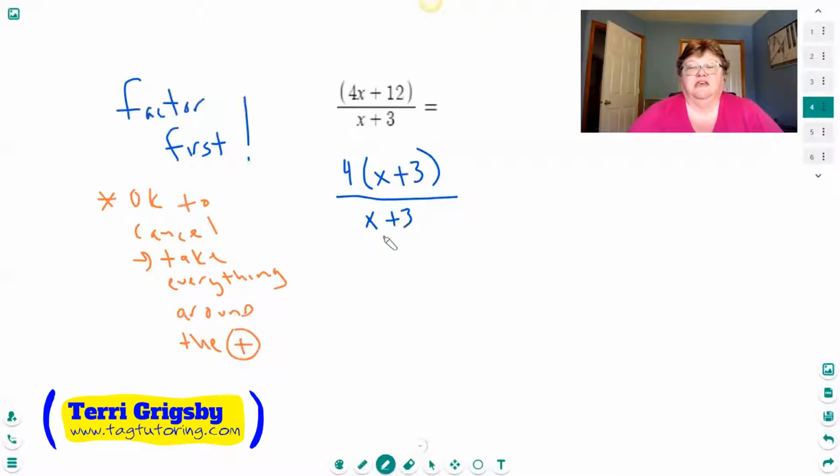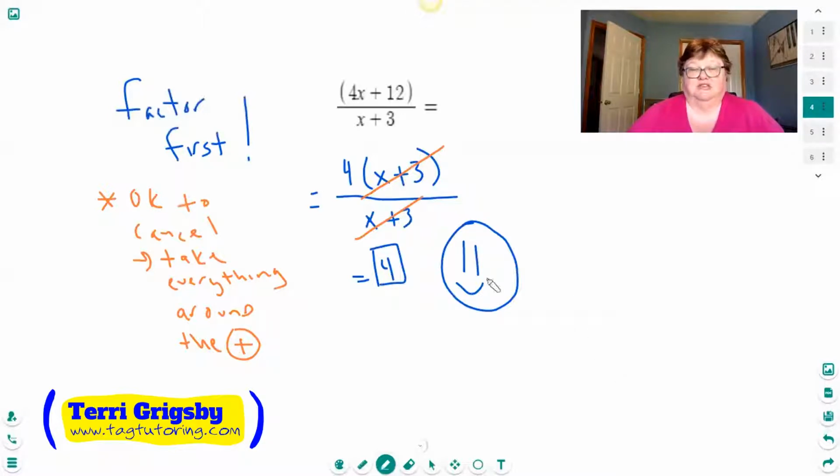So in this case, it's okay for me to cancel the x plus 3 because I'm not just canceling an x, I'm not just canceling the 3, I'm canceling both terms. And if I can do that, that's fine. And then that would just leave me with 4. And that is a true happy face with no concerns of the math police coming to tell me I did it illegally. As long as you take the whole thing around a plus or minus, it's okay to cancel it.